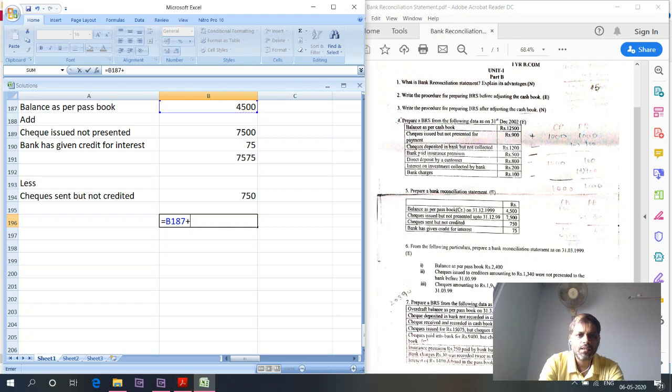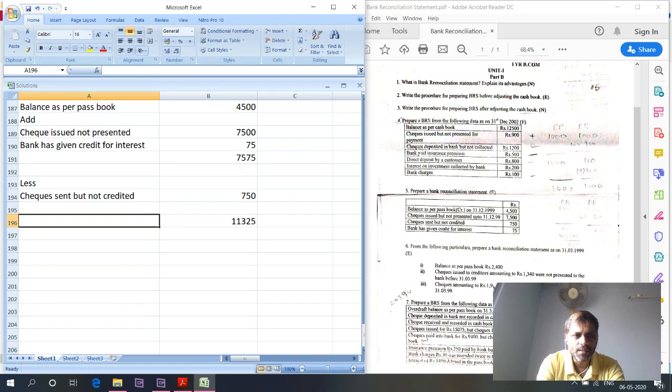Now we will arrive at the balance: 4,500 plus 7,575 minus 750. This is the balance as per cash book, which is 11,325.